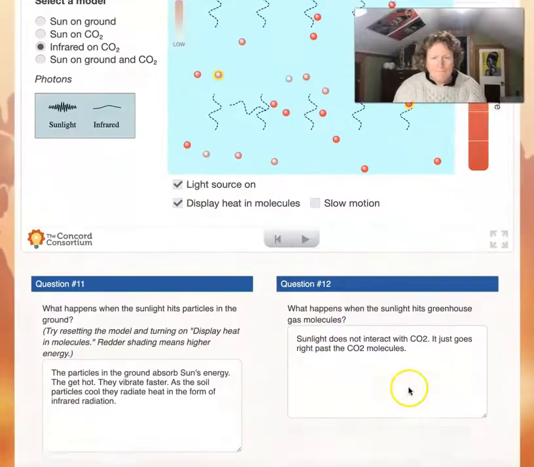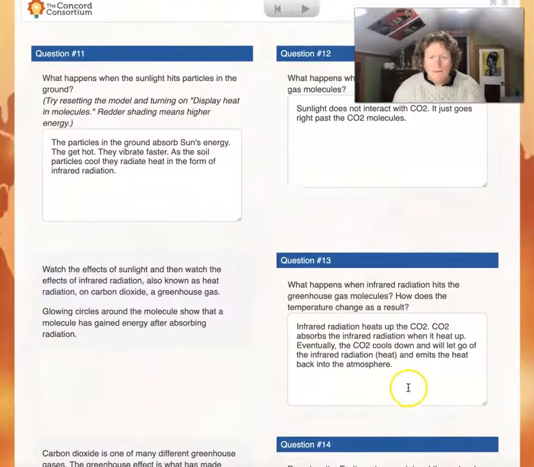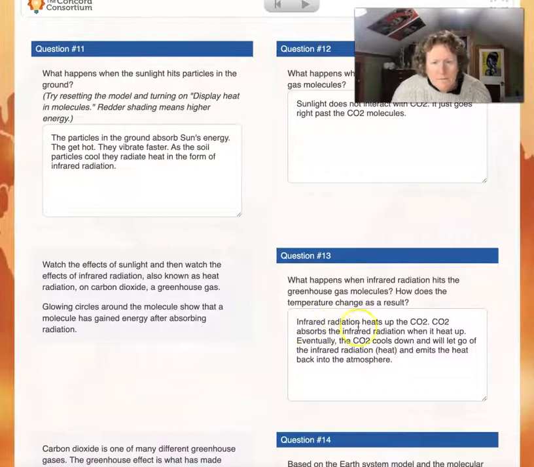The infrared radiation heats up the CO2. The CO2 absorbs the infrared radiation, and then eventually the CO2 cools down and emits the heat back into the atmosphere.